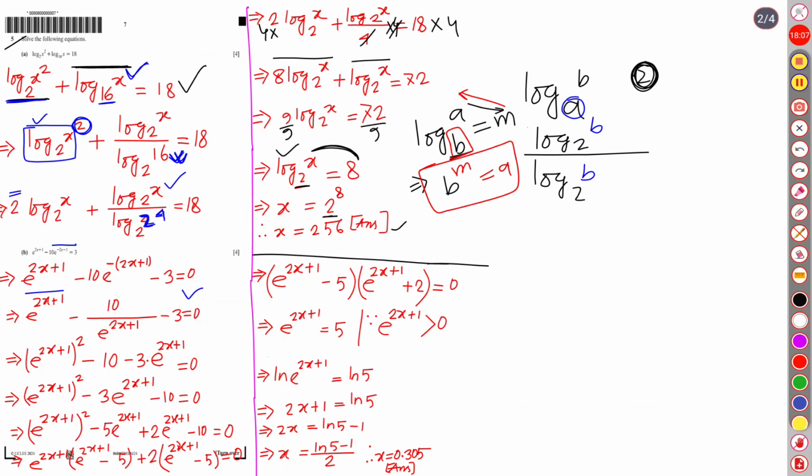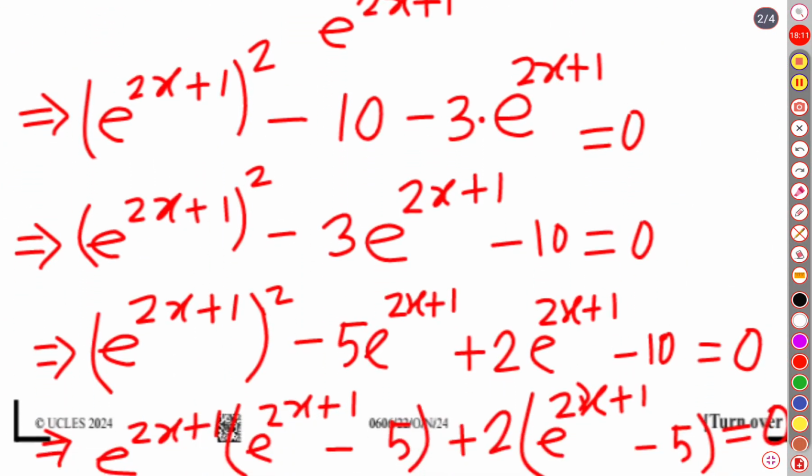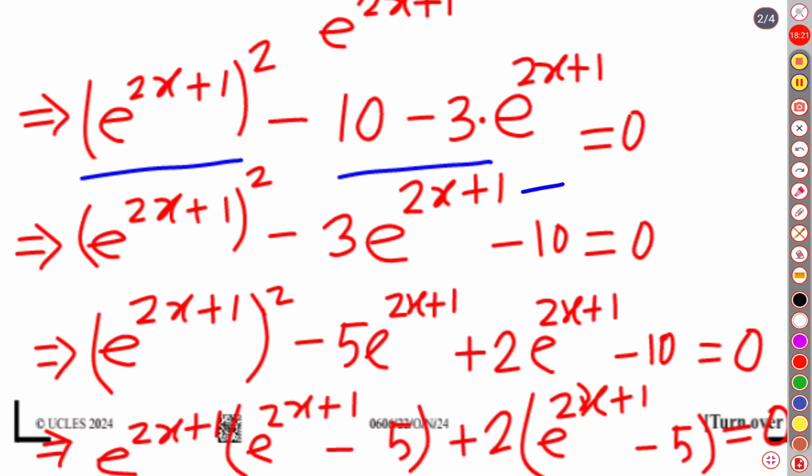Let's see what it has become. Look, e raised to 2x plus 1 whole square, minus 3 times e raised to 2x plus 1, minus 10. We have supposed this to be a, so a square minus 3a minus 10.